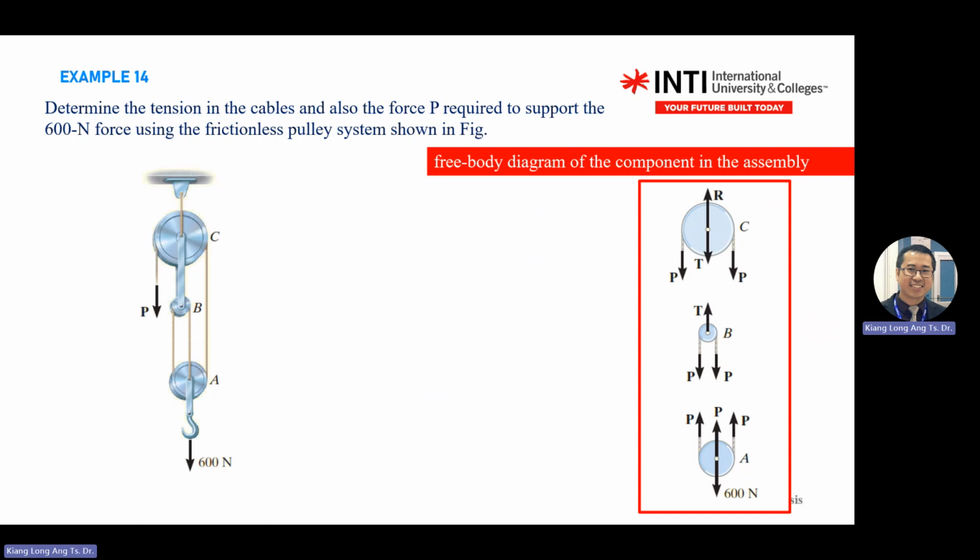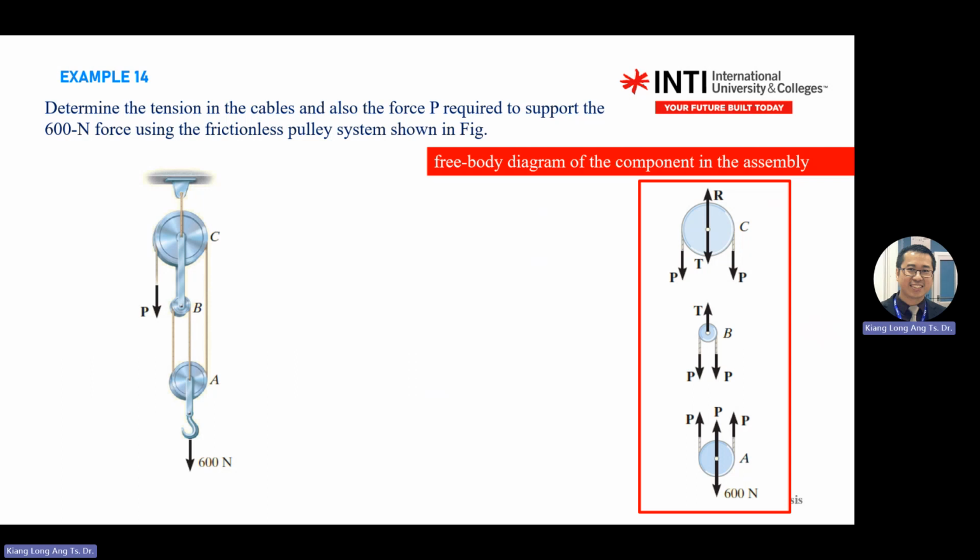Then A is also the same. A has 600 Newton pulling down. This P is transferred from B here. So you flip the direction, and there are two ropes here. This P is transferred from here, and P transferred from here.